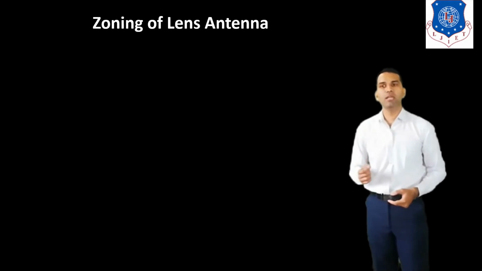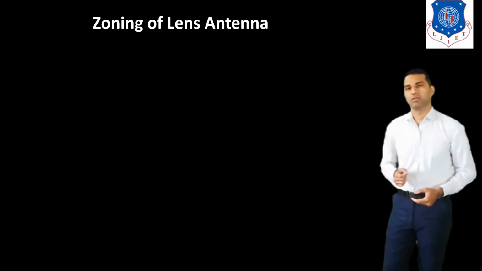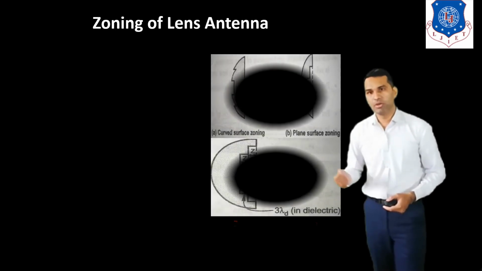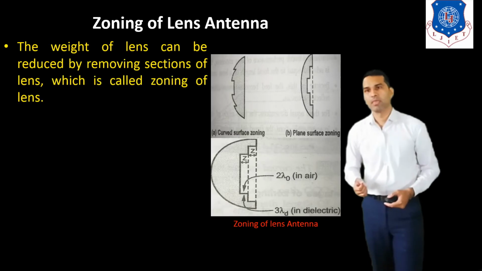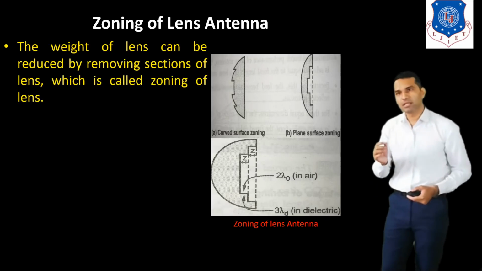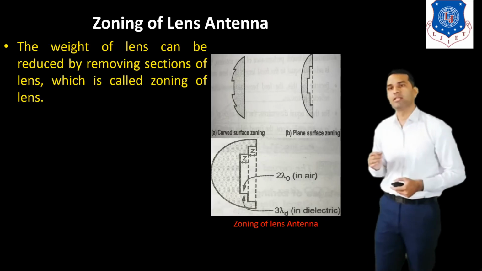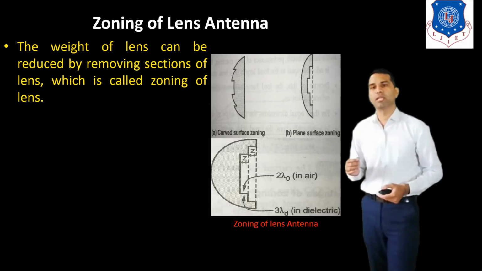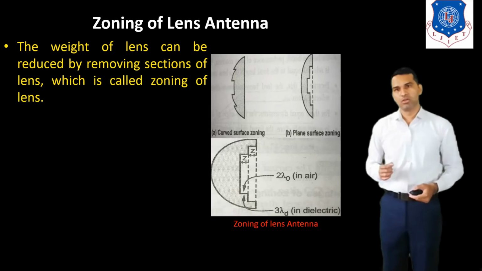Now, zoning of the lens antenna. What is zoning? The weight of the lens can be reduced by removing sections of the lens, which is called zoning of the lens.